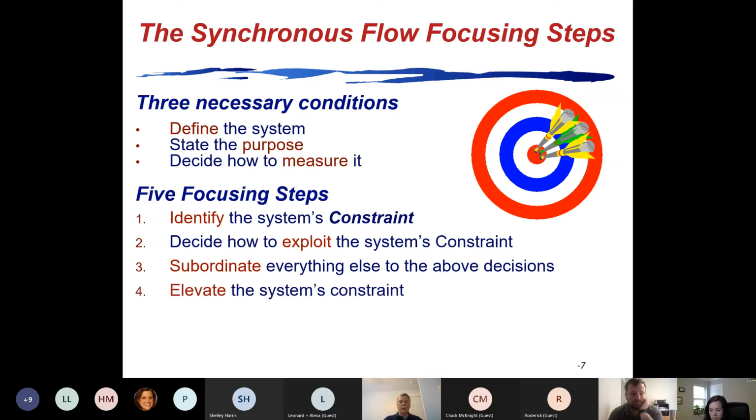Step four, once you've done steps 1 through 3, you've gotten the most out of the system as it currently exists. And you haven't spent a lot of money yet. You haven't bought new equipment. You haven't hired new people. Step 4 is when you say, well, we need more anyway.